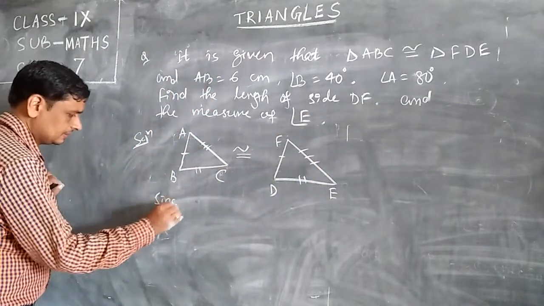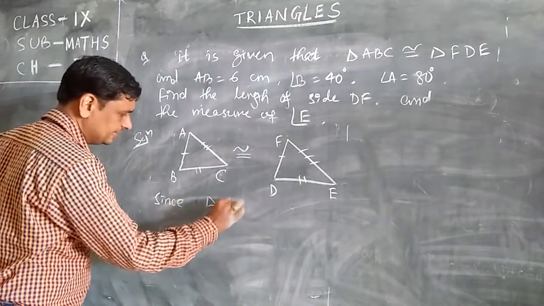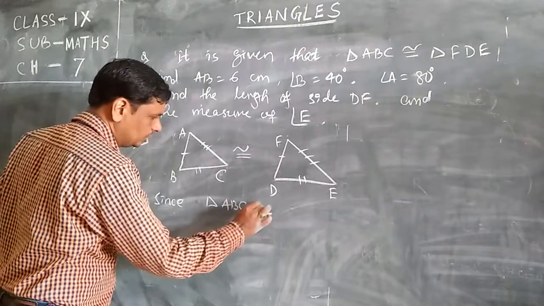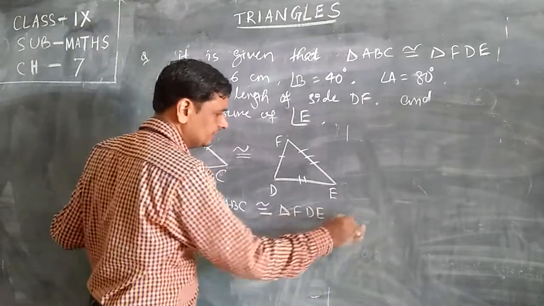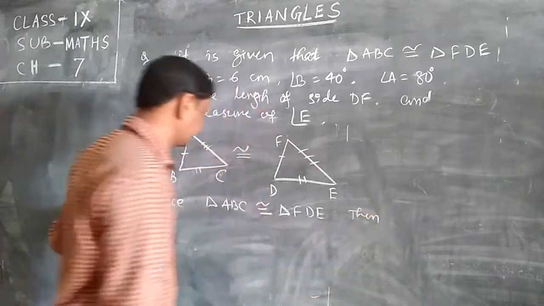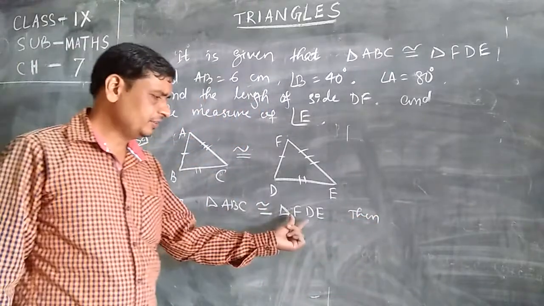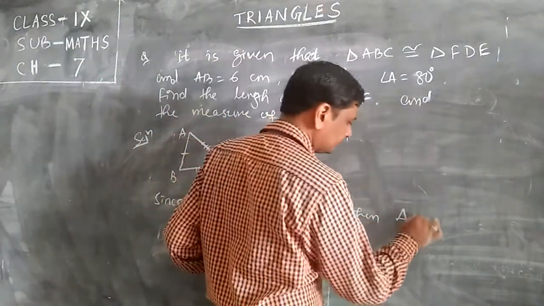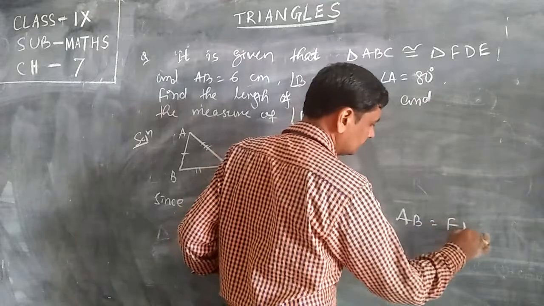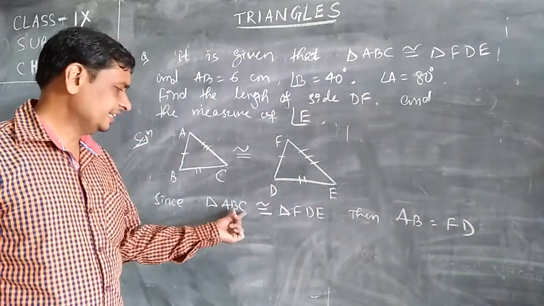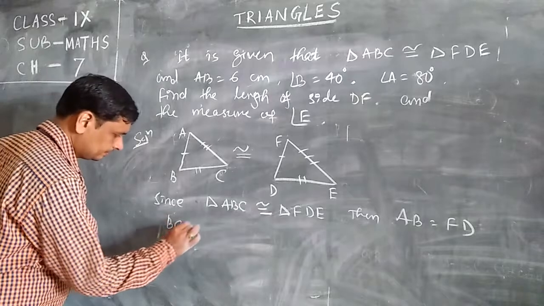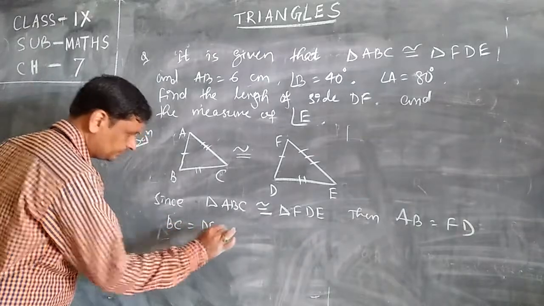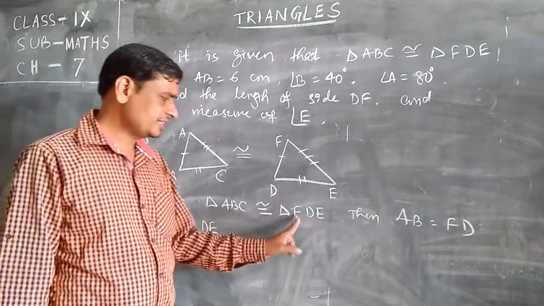Since triangle ABC is congruent with triangle FDE, AB equals FD, side BC equals side DE, and side AC equals side FE.